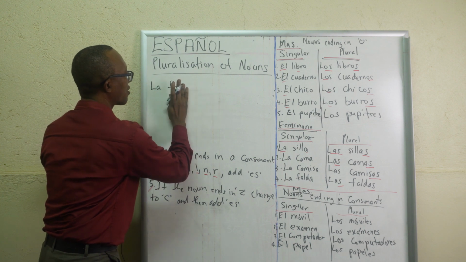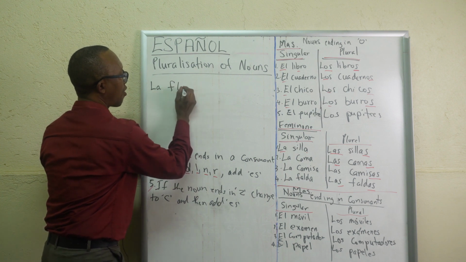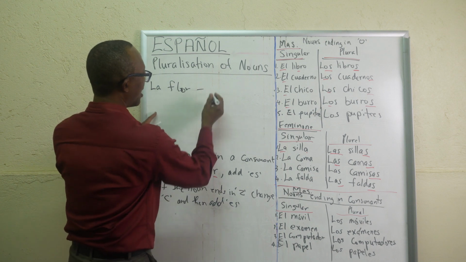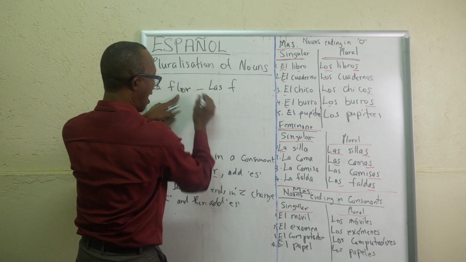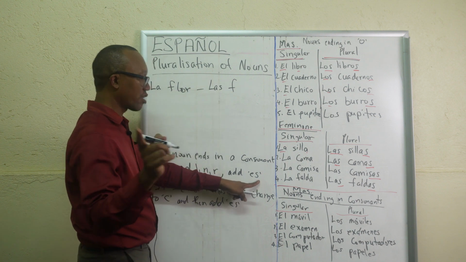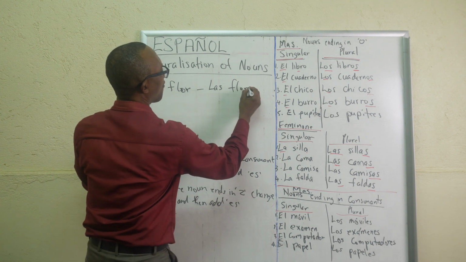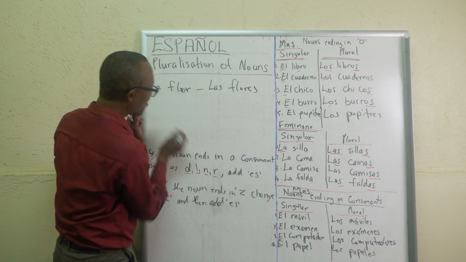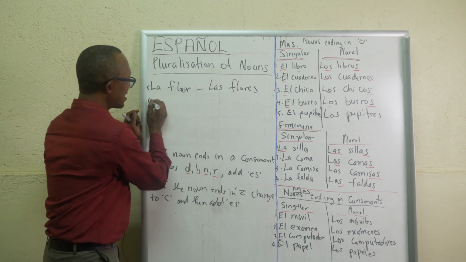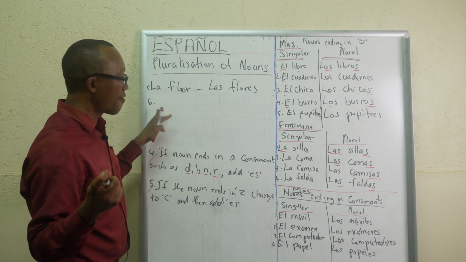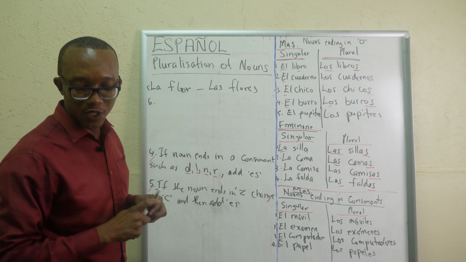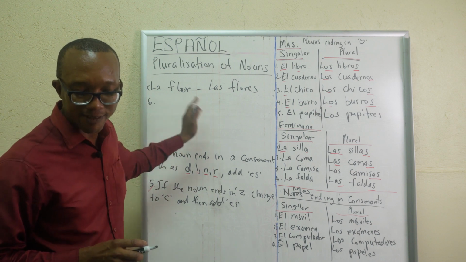La flor is going to become, based on the rule, la becomes las. Flor, this is an R, so we add what? Yes, you're right, Jonathan, ES, so las flores. So that was cinco, seis. Remember your numbers, keep practicing. Every time you repeat a number, find its equivalent in Spanish. So we have la flor becomes las flores.